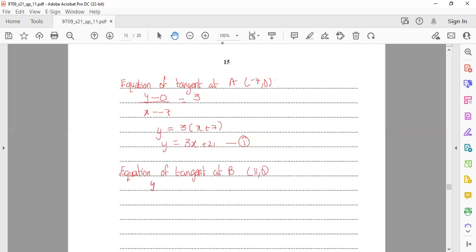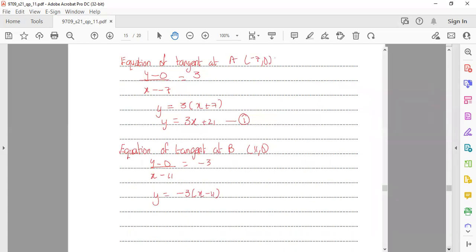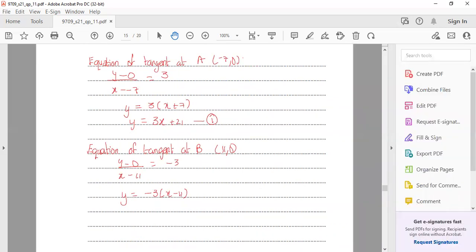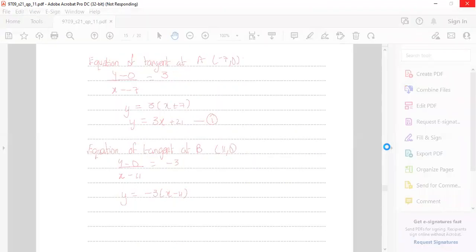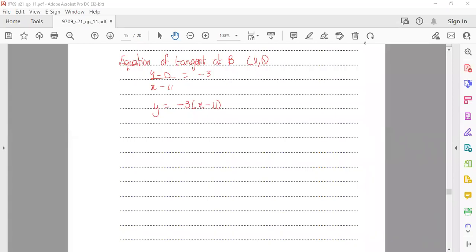So y2 minus y1 upon x2 minus x1 is equal to the gradient at B. So y is equal to minus 3 into x minus 7, so y is equal to minus 3x plus 33. This is our second equation.